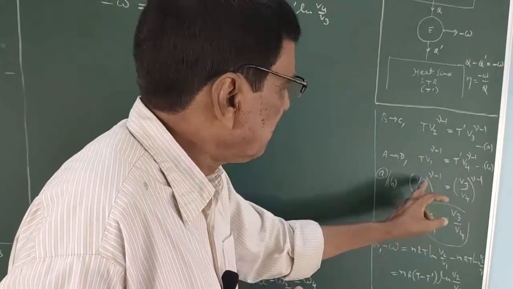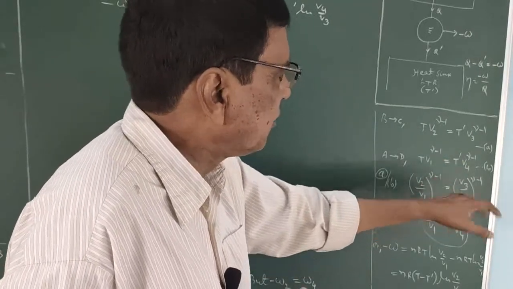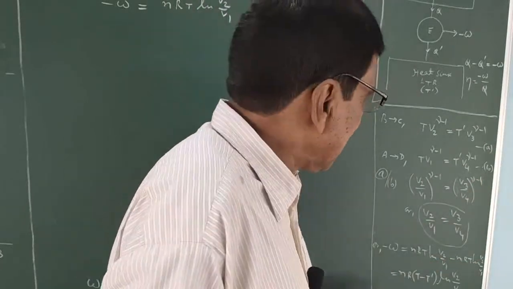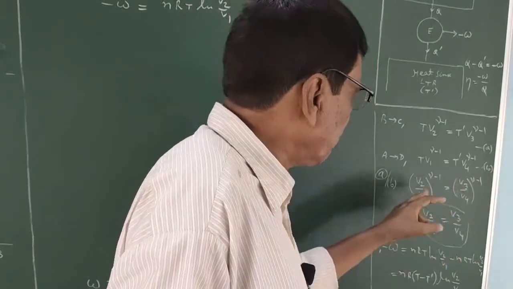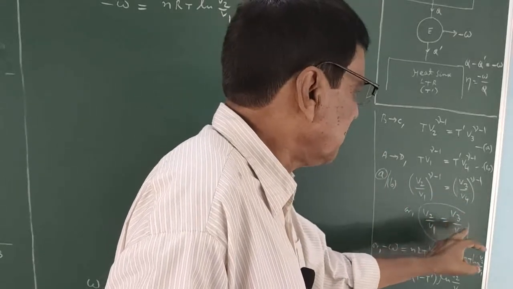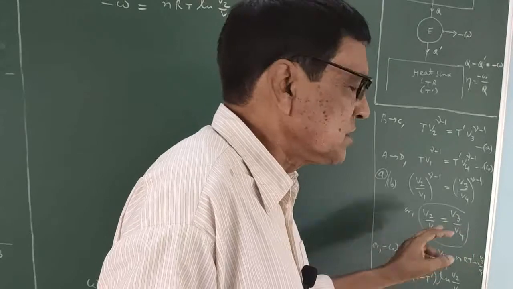So V2 by V1 to the power gamma minus 1 equal to V3 by V4 to the power gamma minus 1. As powers are the same, the base will also be the same. So V2 by V1 equal to V3 by V4. This is the relationship between these four volumes.